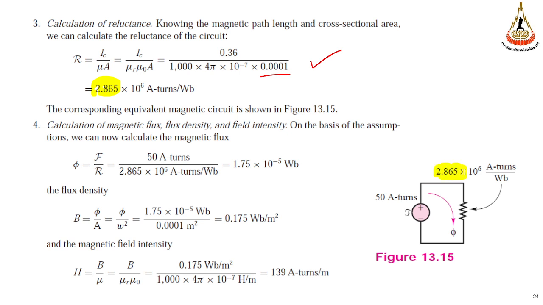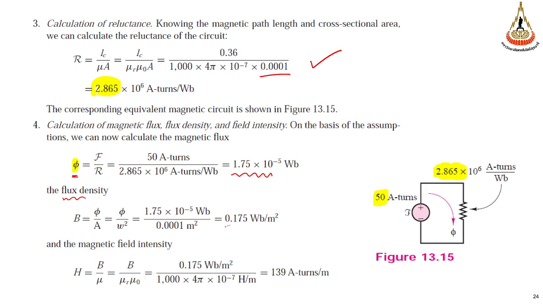Okay. And then we have 50 ampere turn. Now we can calculate the flux. So we get the total flux of 1.75 multiplied by 10 to the power minus 5 Weber. And how much for the flux density? Flux density is the flux per area, so 1.75 multiplied by 10 to the power minus 5 divided by the area. The area is 0.0001.